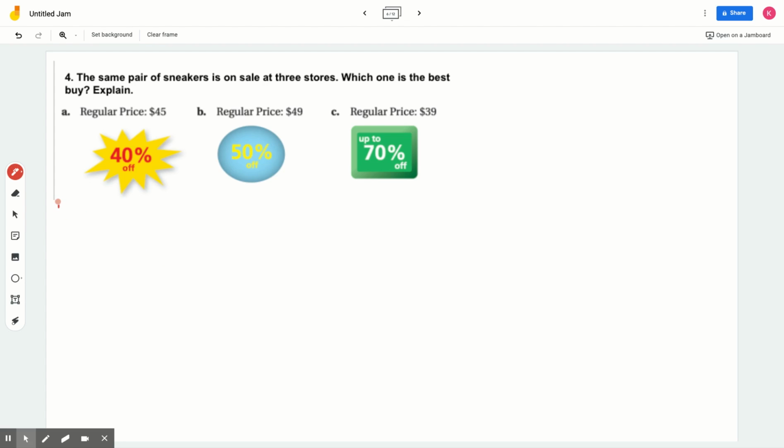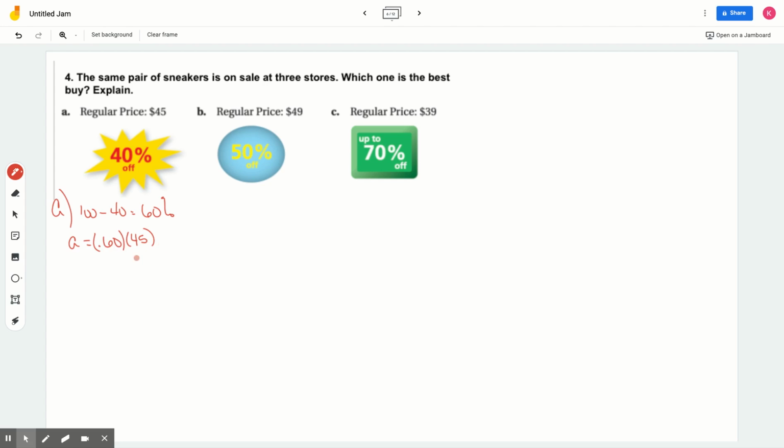So with letter A, we know that we're taking 40% off. We need to find out how much it's going to cost. So 100 minus 40 means we're going to be paying 60%. So the amount we're going to pay is 60% of the cost, $45.